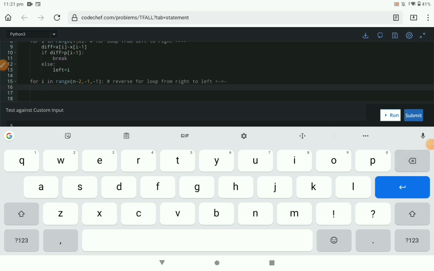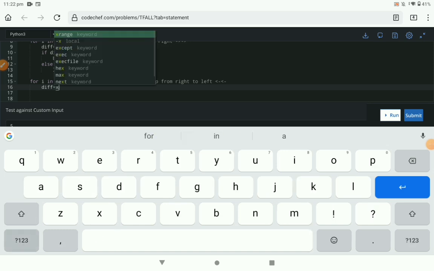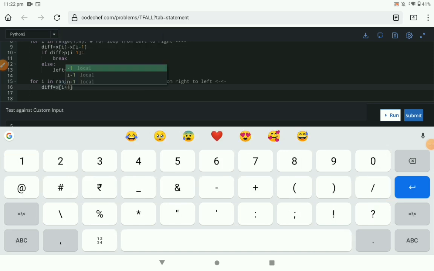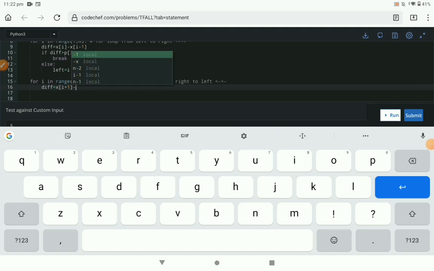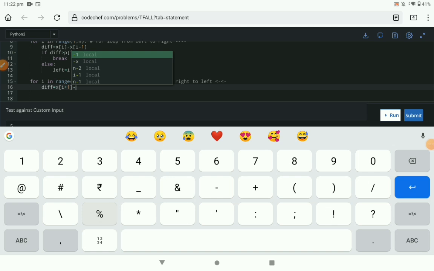Now basically we will check the difference. What we will do is subtract the left wall from the right wall, minus x of i.